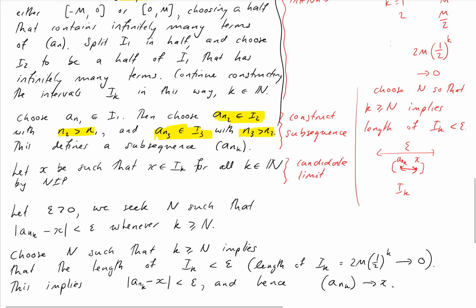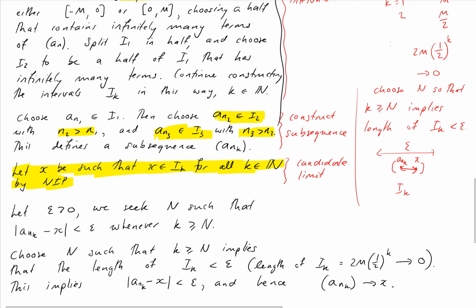We just designed ourselves a subsequence that had length converging to 0. Didn't matter exactly how we did this. Any way of choosing a subsequence that has length tending to 0 with infinitely many terms in each interval would have worked. It's just this one is convenient. And then we used the nested interval property to actually get the existence of a point in each one that was allowed to be our candidate limit point.